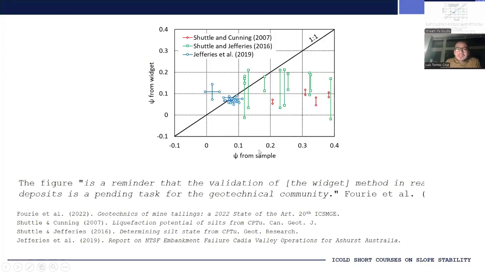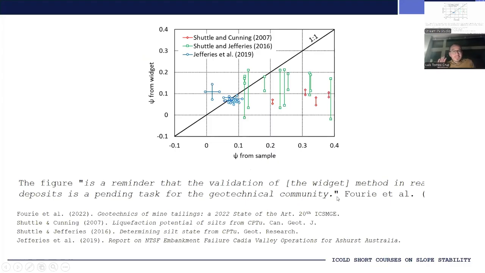And we compare it to the state parameter that was actually measured in the samples. And here's your identity line. And we can see that the data does not cluster around that identity line. We concluded that the figure is a reminder that the validation of the method in real silt deposits is a pending task for the geotechnical community.